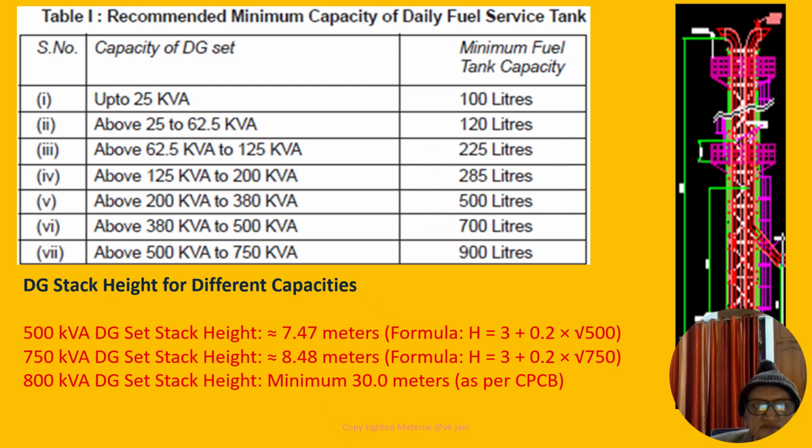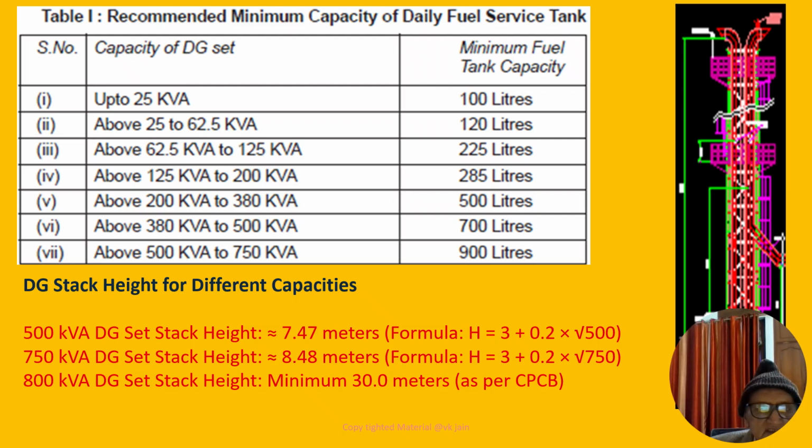You know the diesel generating sets emit and discharge certain gases which are harmful to human beings, and they must not be discharged within the nearby area. As such, stack height limitation has been added by CPCB.